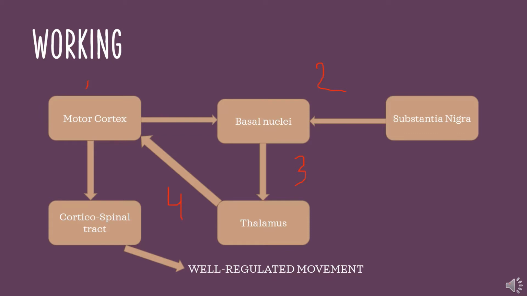Then, through the infamous corticospinal tract and the lower motor neurons going to the skeletal muscle, this fine-tuned, well-processed, precise movement is then brought into action. And all of this actually happens at a mighty fast speed in split seconds. It's so instantaneous, which is why this is just so beautiful, and also the reason why I just love the basal ganglia.